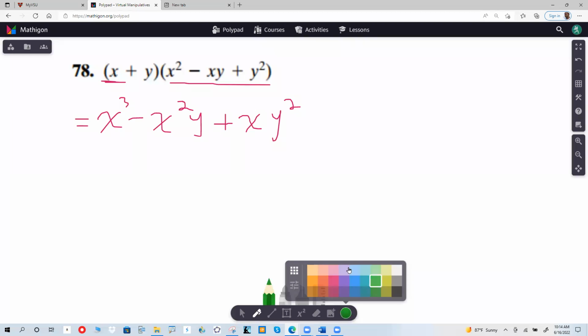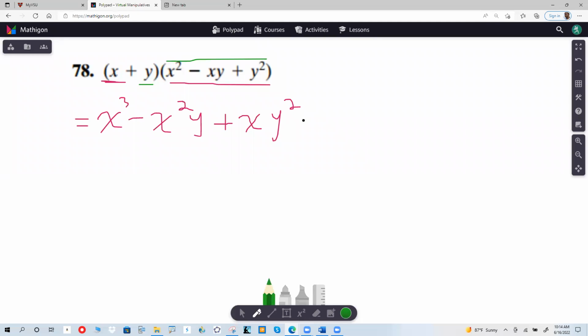Let's do the one in green, the next one. I'm going to take Y multiplied by the whole mess. Y times X squared is, so what I do here, guys, to make sure when I combine the like terms, I like to keep it in alphabetical order. Not that it matters. Y times X squared, I can write YX squared, but I'm going to write X squared Y. Why would I do that?